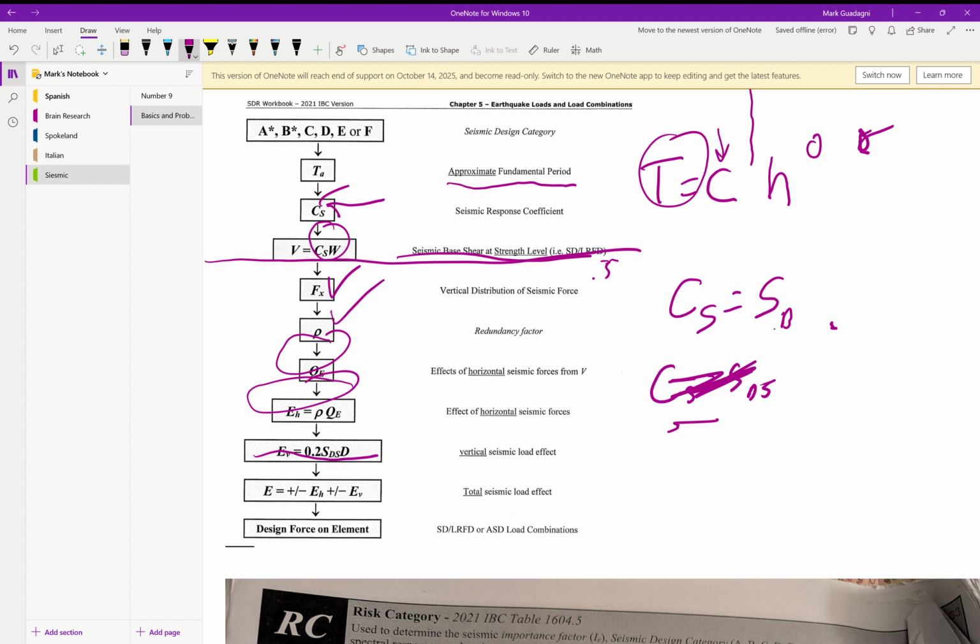And then you'll also know that earthquakes don't just move things side to side, they also move them up and down, and that's a function of 0.2 times your design acceleration for a short period times your D. Then you'll combine this all together and you'll get the seismic load effect, and then depending on the building you can calculate how much force is going through a drag force.